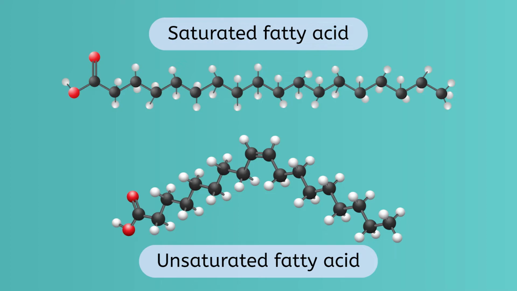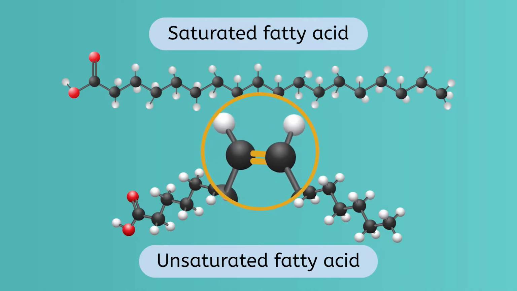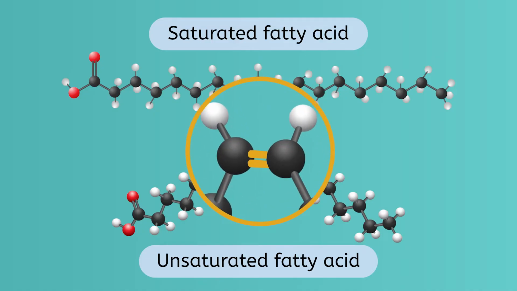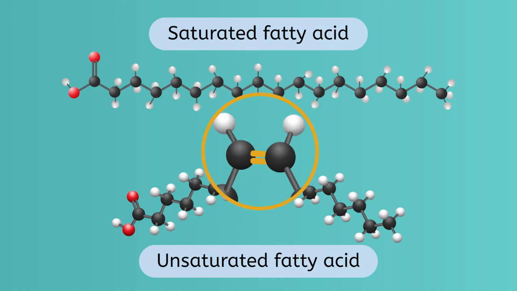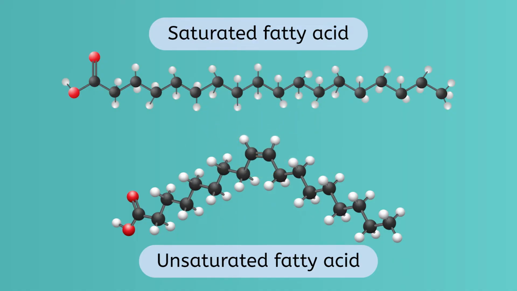On the other hand, the unsaturated fatty acid contains a double bond. Since a double bond involves 2 shared electron pairs, the 2 carbon atoms involved in the double bond can only bond to 1 hydrogen each, not 2. Since the chain does not contain as many hydrogens as it possibly could, the fatty acid is considered unsaturated.